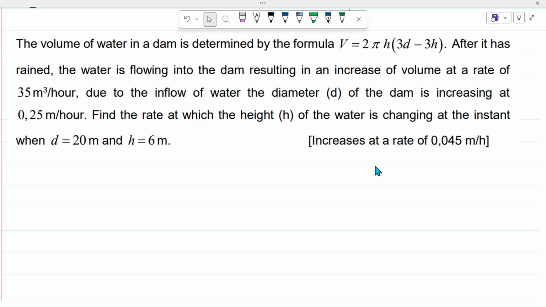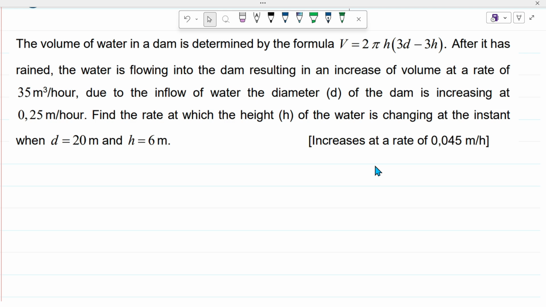The diameter d of the dam is increasing at 0.25 meters per hour. Find the rate at which the height of the water is changing at the instant when d equals 20 meters and h equals 6 meters.